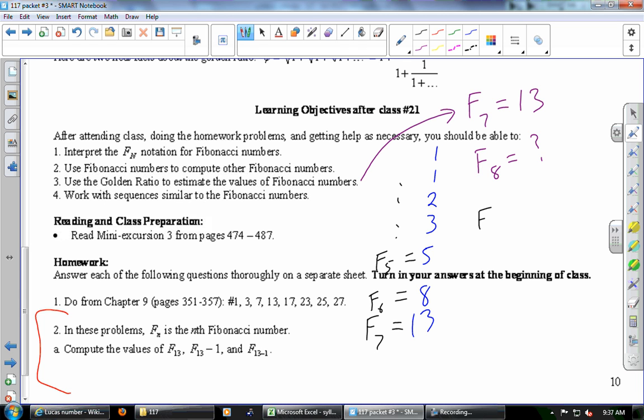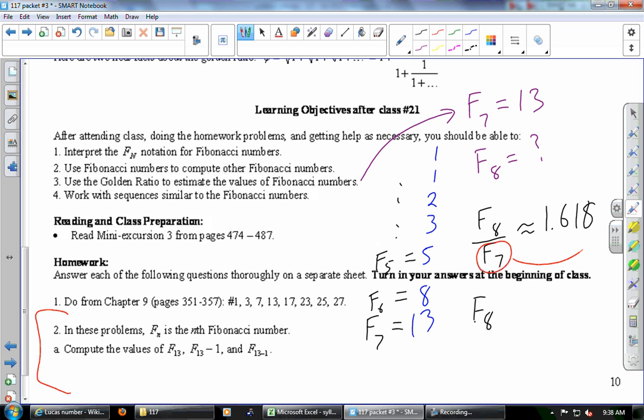We know that if you take the 8th number and divide it by the 7th number, this is what we did in that big chart. And we kept getting numbers that were honing in on something. Well, we gave it a fancy name, but it was about 1.618, I think is the next digit. We called it phi. It's that golden ratio. And so if I believe that F8 over F7 is approaching this funny number, then I could multiply both sides by F7.